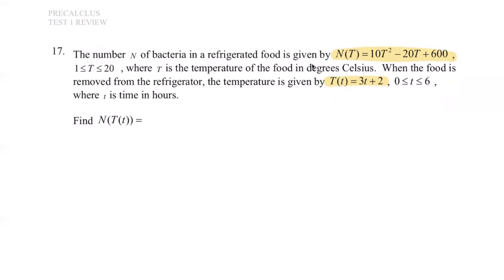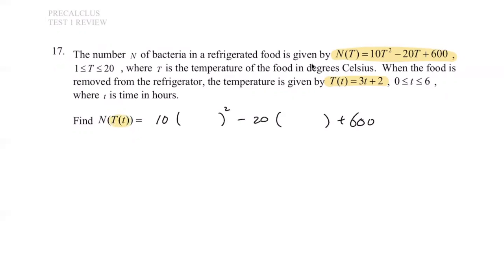So we're going to go ahead and do this composite function. So we have big N of big T of t. That means we will have the N function, and then you would insert the t.